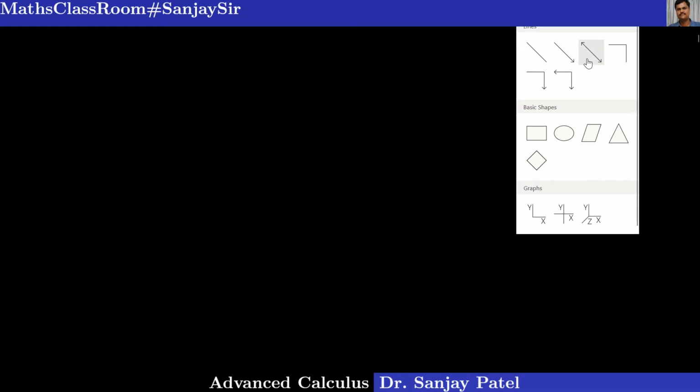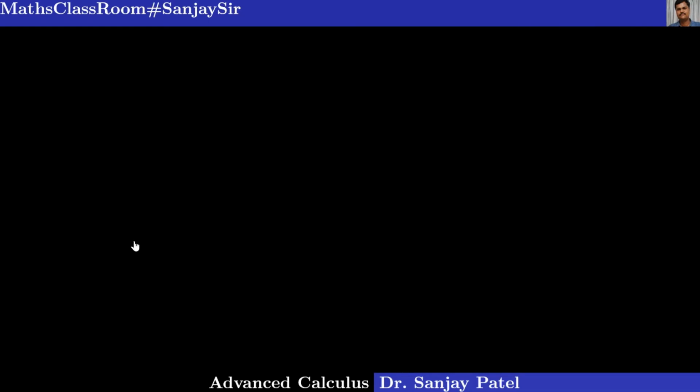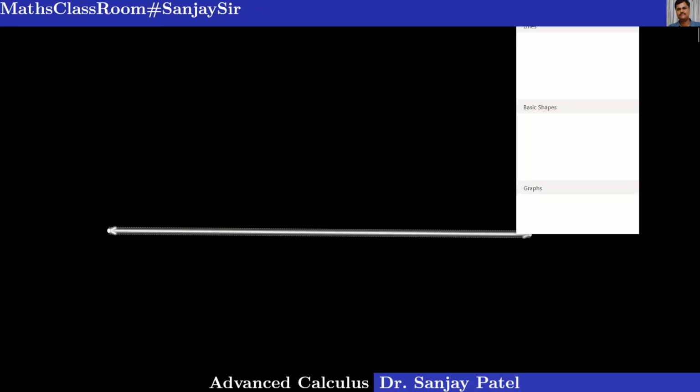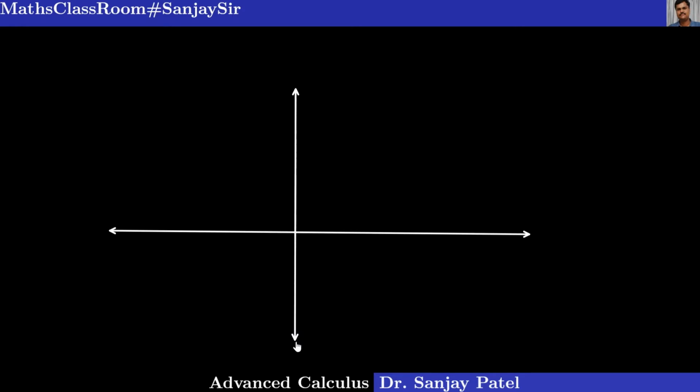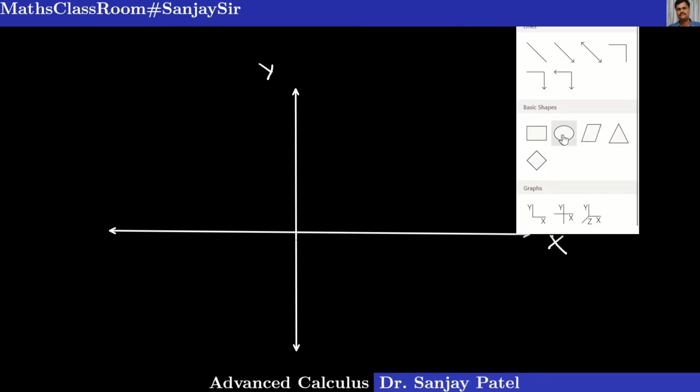So first we draw the axis. This is x-axis, and say y-axis. Okay, so this is x-axis and this is y-axis, and now I draw the circle with center origin and radius 5.